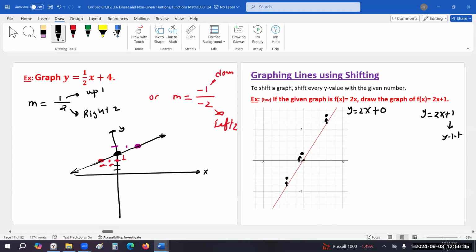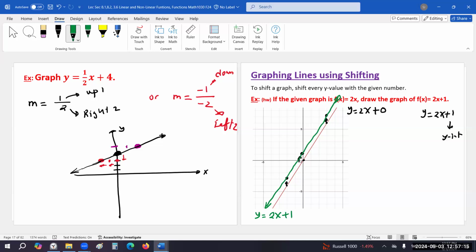So I moved 3 points 1 unit up in order to draw the line better. So this is y equals 2x plus 1. The red one is y equals 2x. The green one is y equals 2x plus 1.